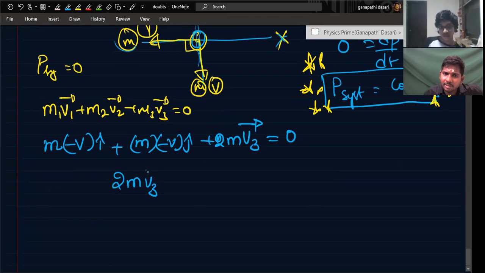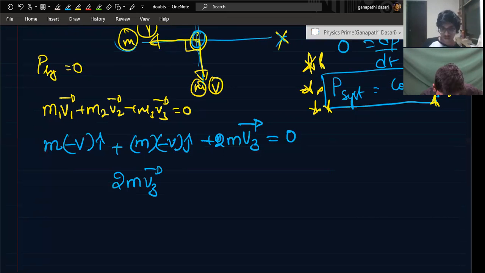The first two bodies have the same speed, that is given in the question: move perpendicular to each other with equal speeds. That's why I took it.